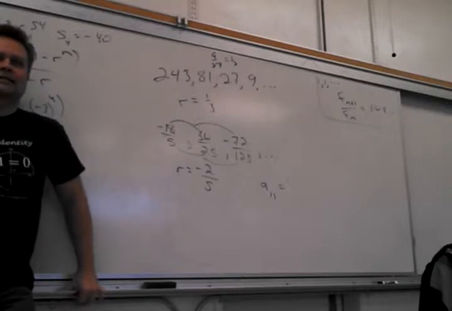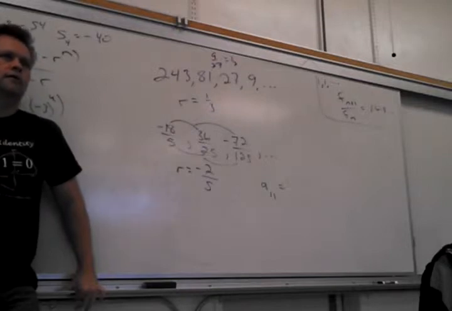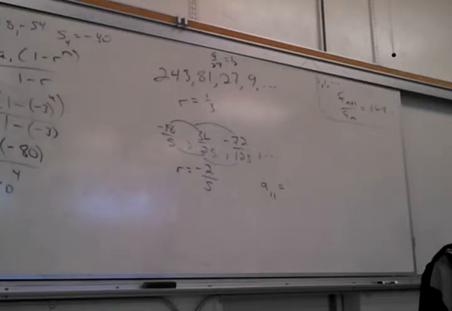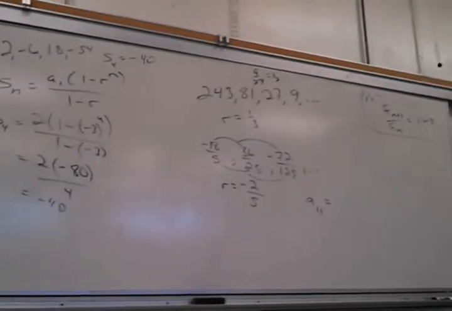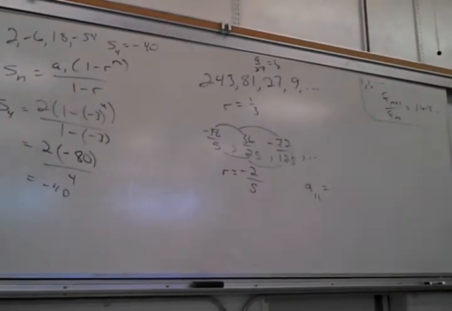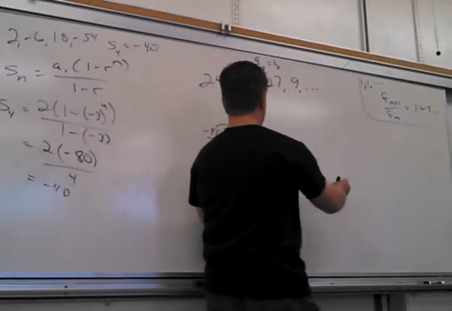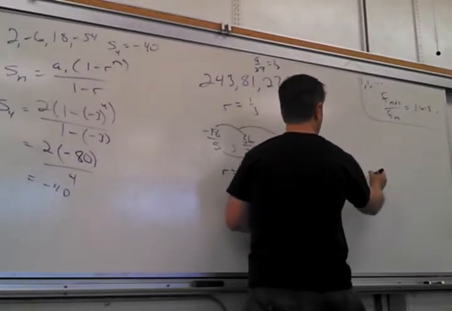It's going to be gross. A1 times R to the n minus 1.